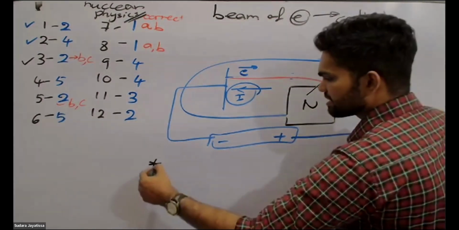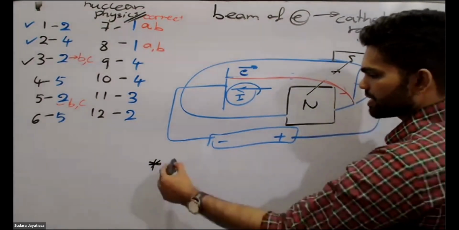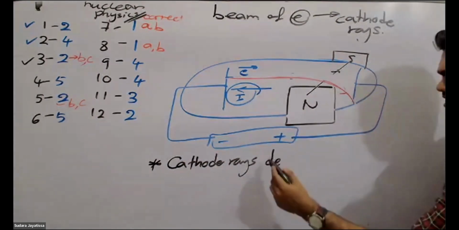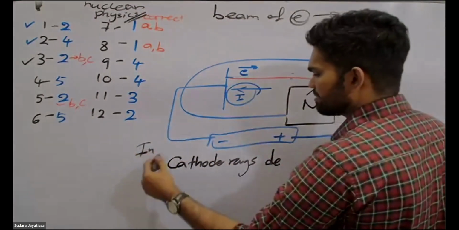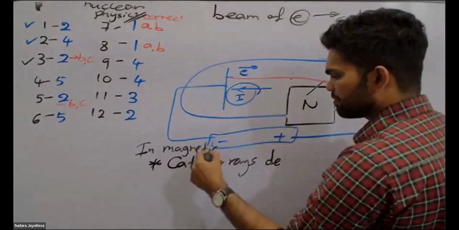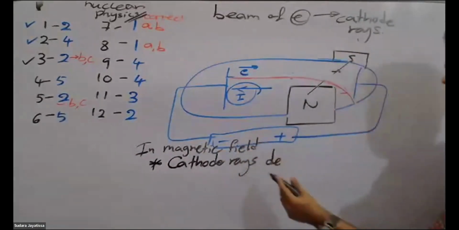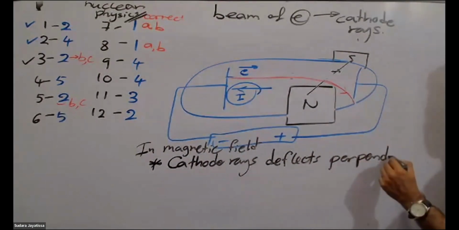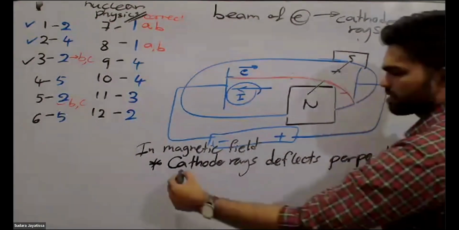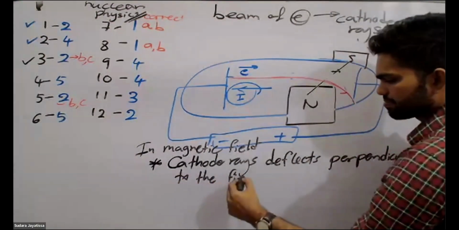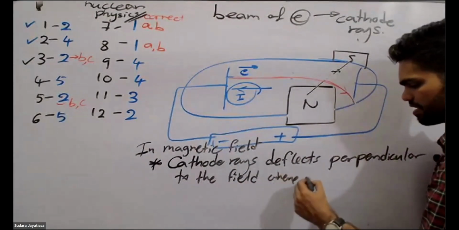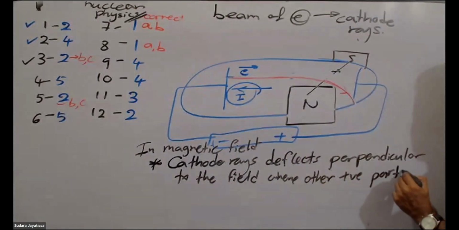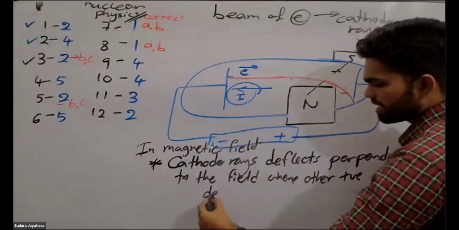Okay, so what should we write? What should we memorize? You can start by saying: in a magnetic field, cathode rays deflect perpendicular to the field, where the negative charged particles deflect.